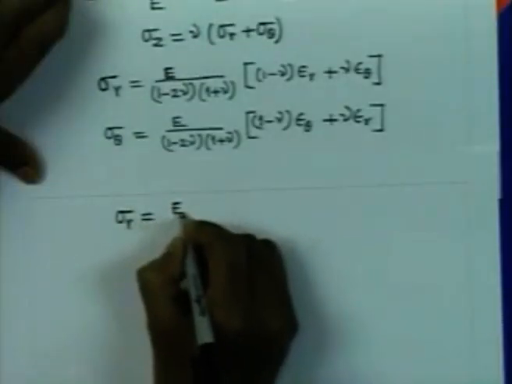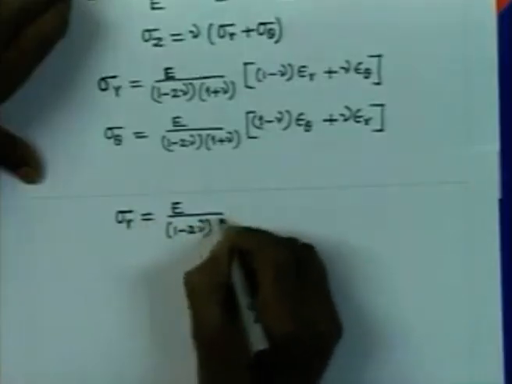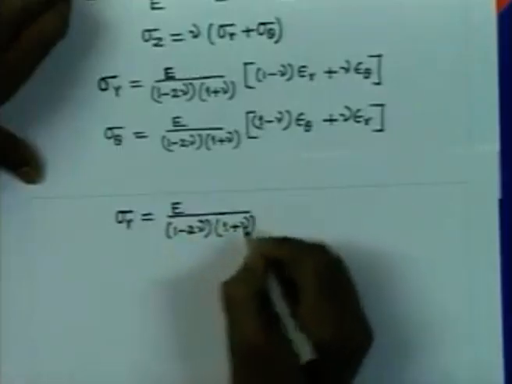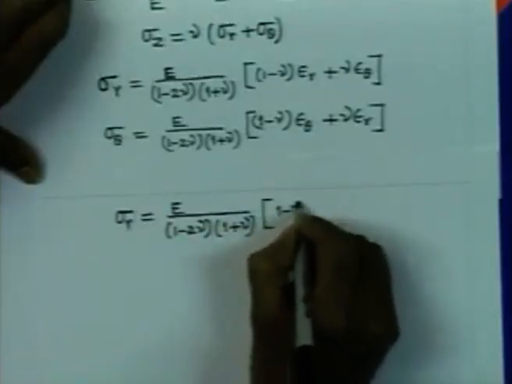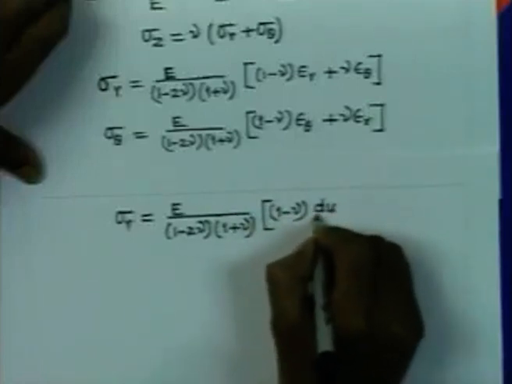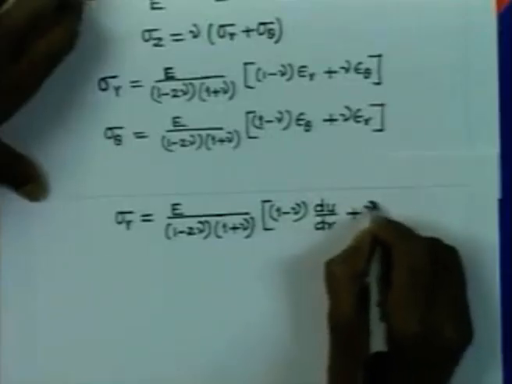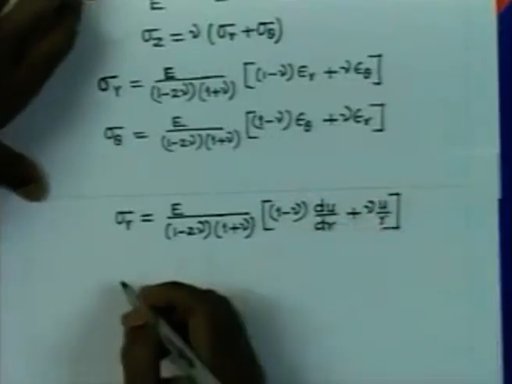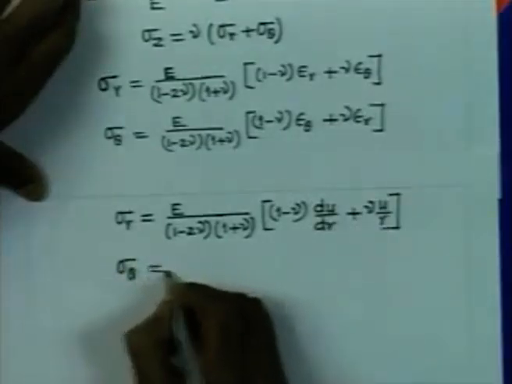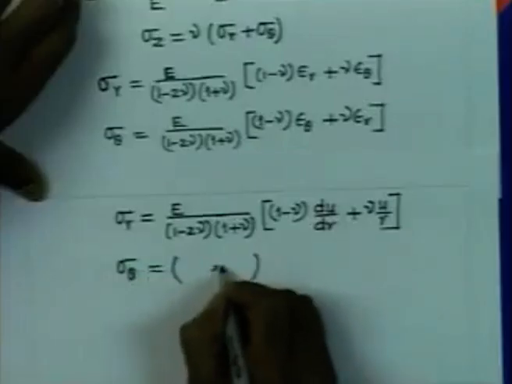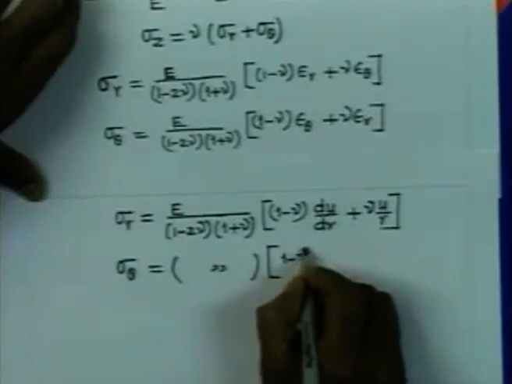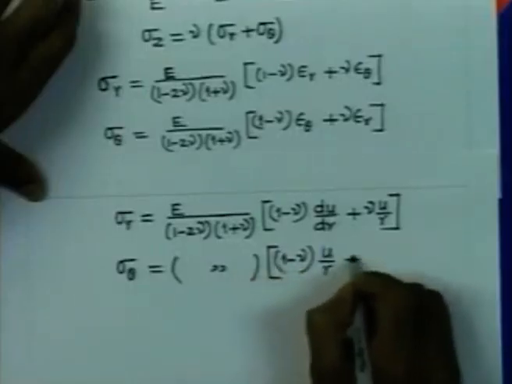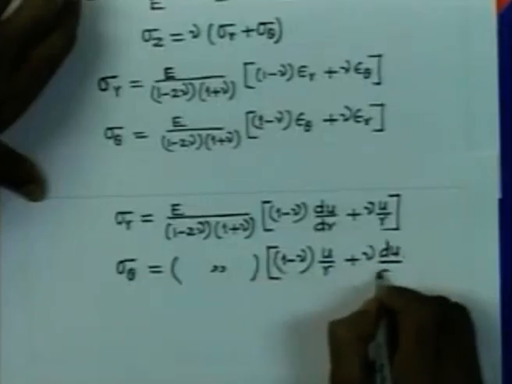So, if you try to make use of those relationships in terms of displacements, we have sigma r equal to E by (1 minus 2 nu)(1 plus nu) into [(1 minus nu) du dr plus nu times u by r], and sigma theta is equal to again the same constant into [(1 minus nu) u by r plus nu times du dr].